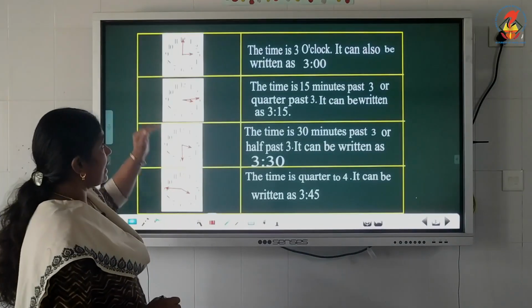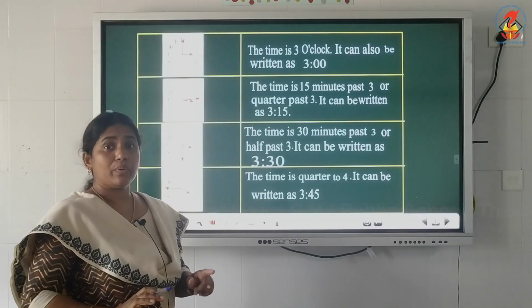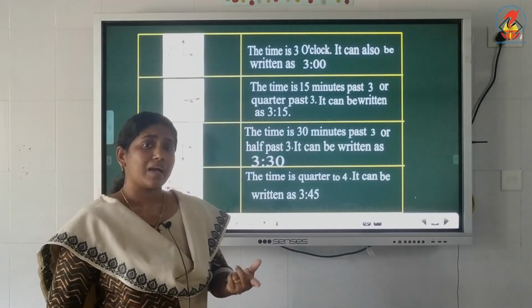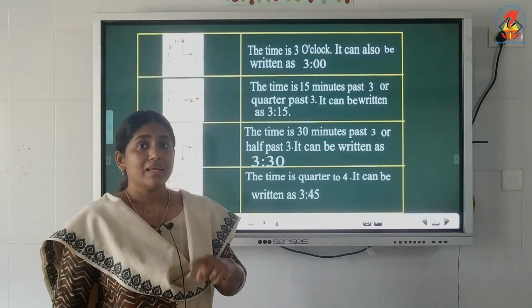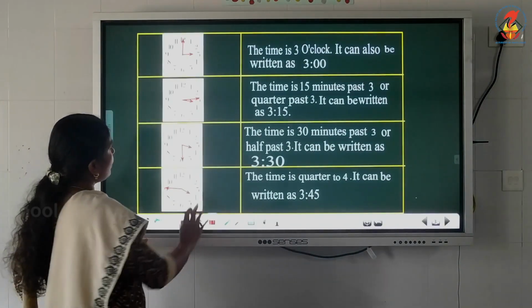Now look at the next clock. Children, look here. Here the hour hand is not exactly on 3, but has just moved from the 3, and our minute hand is on the correct 3. I told you the minute hand is on 3. How many minutes are we calculating? I told you using the 5's table. How do we say it? 15 minutes. Is it? And now children, look at this.